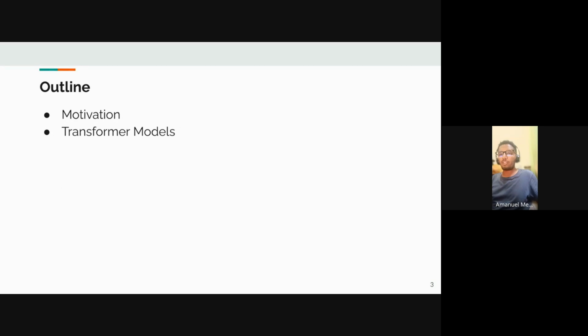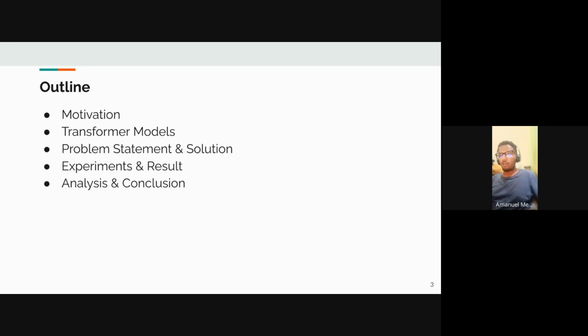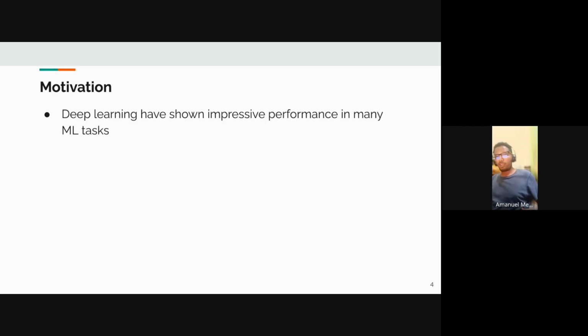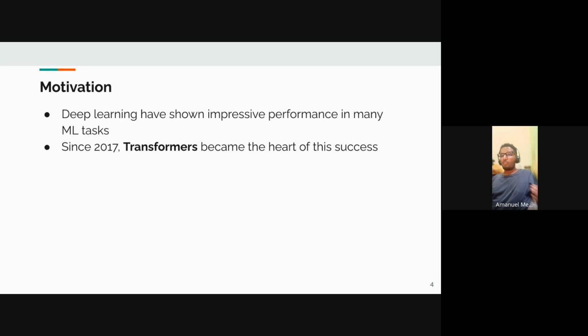I'm going to explain the motivation behind this work, the transformer model, the problem statement, the solution, the experiments, and the analysis and conclusion. So deep learning, we've seen all these applications. It has been applied to multiple areas. In 2017, I know some of you have experience with transformers, but not everyone, so that's why I'm including transformers here.